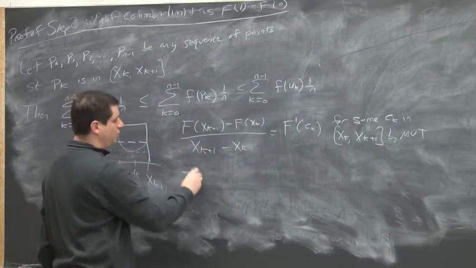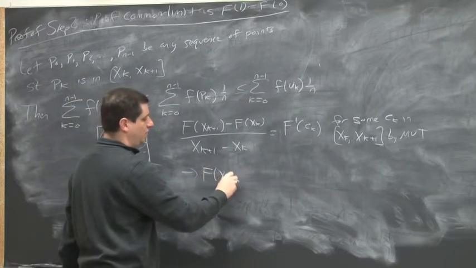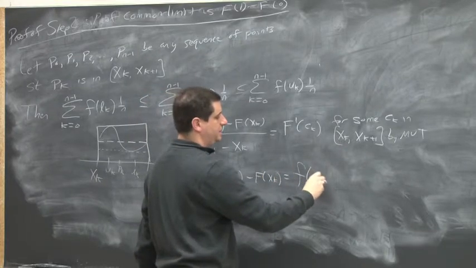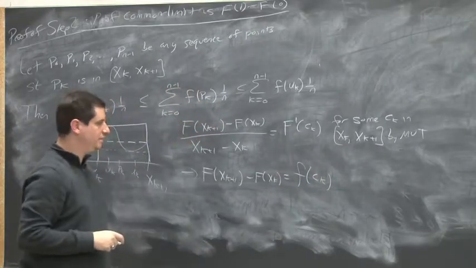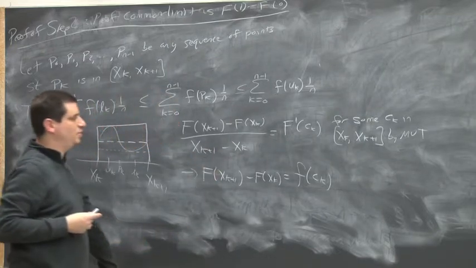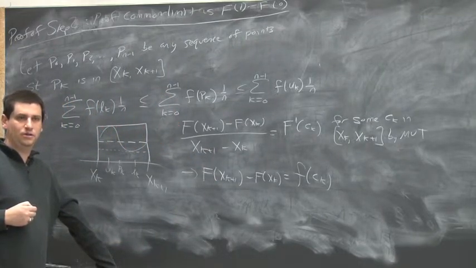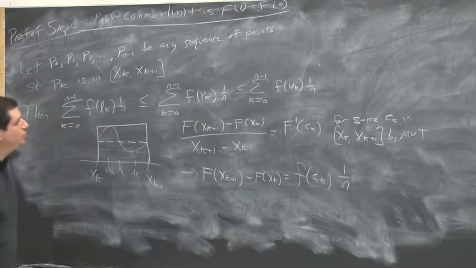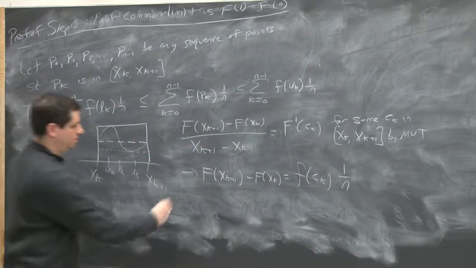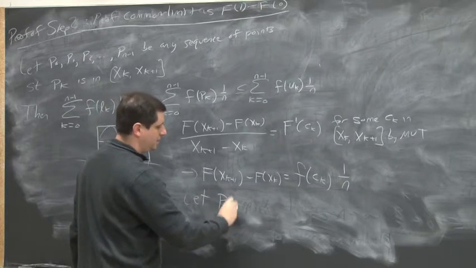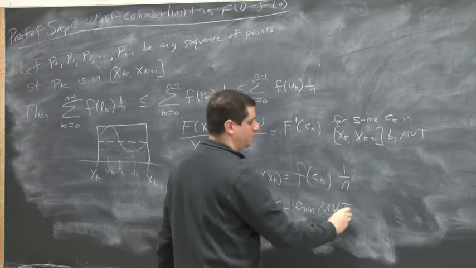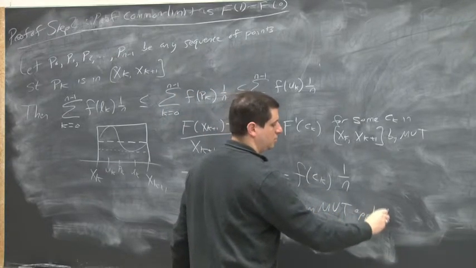And now, rearranging, we get big F of x_{k+1} minus big F of x_k is little f at c_k, because big F prime equals little f. And how far apart is x_{k+1} to x_k? What's the length of the interval? 1 over n. So this suggests what we should take for our sequence p_k. Let p_k equal c_k. c_k is from the mean value theorem applied to big F.